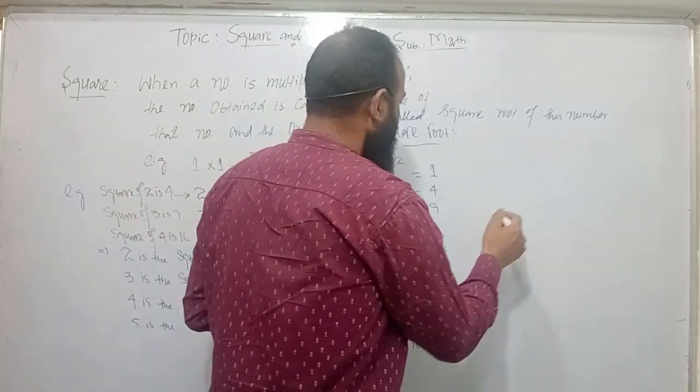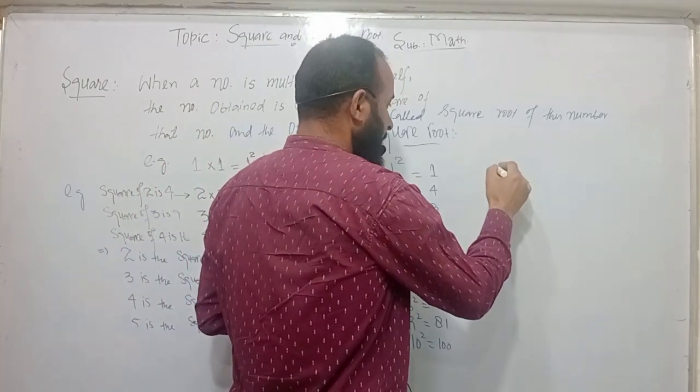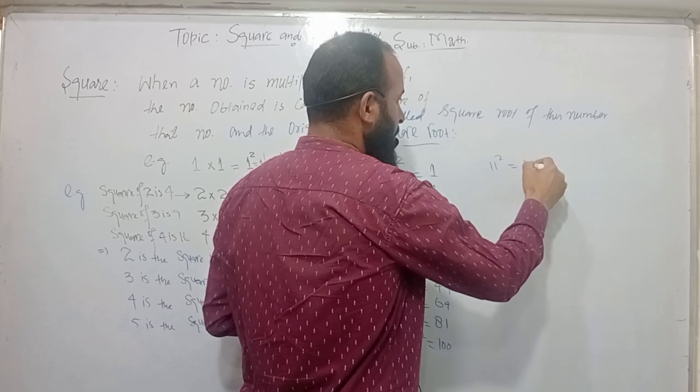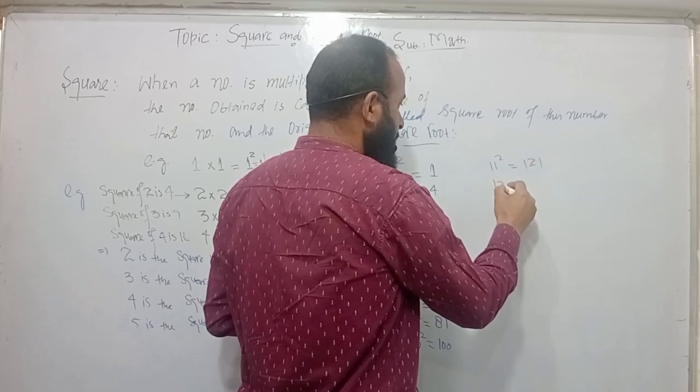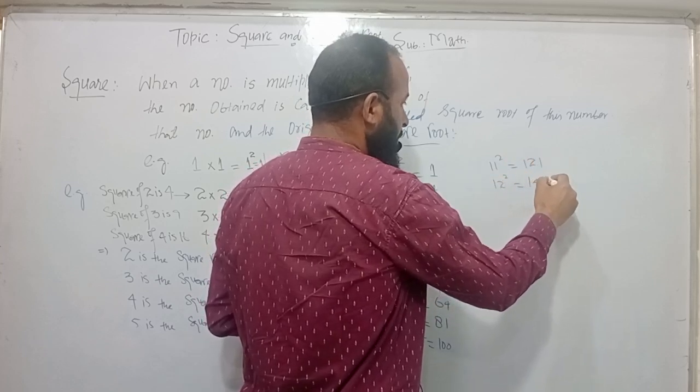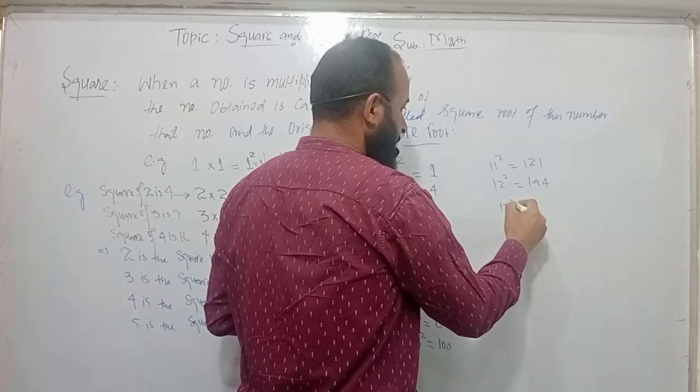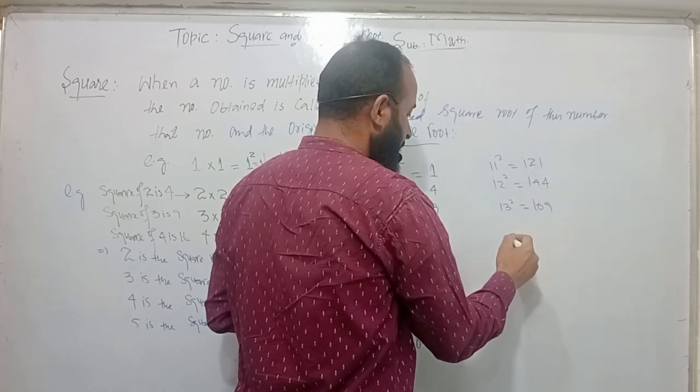Got it? Likewise, 11 square is 121. 12 square is 144. 13 square is 169.